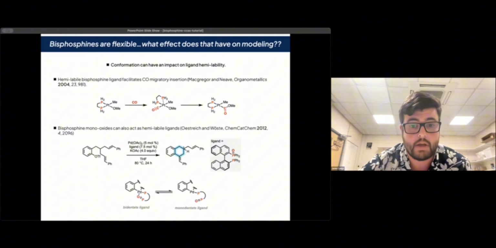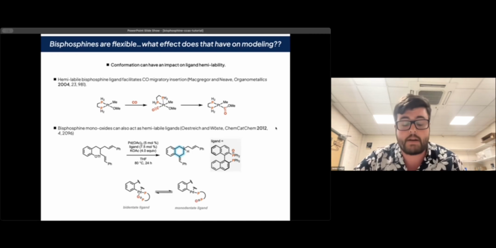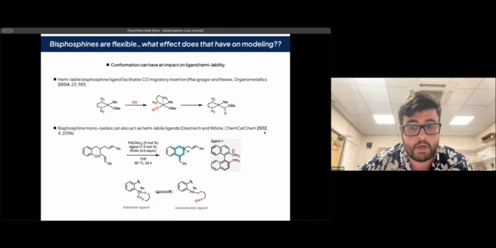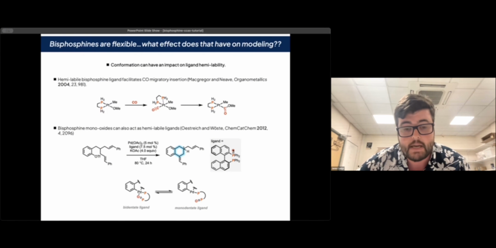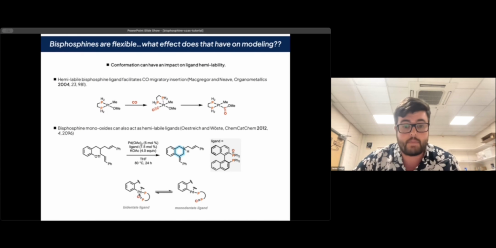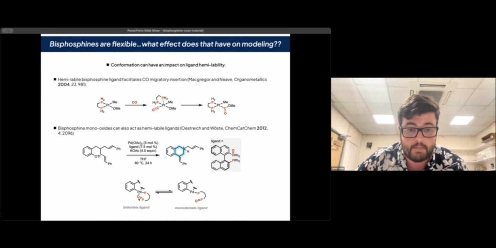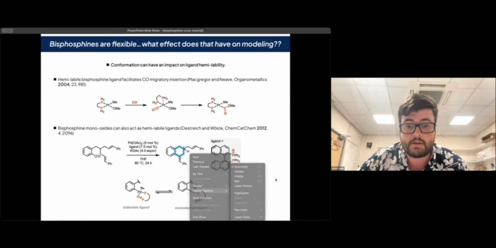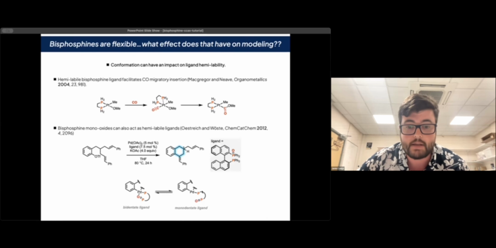Another class of ligands which have been around the literature for a while but have gained recent popularity are these bisphosphine monoxide ligands. This is essentially BINAP, but one of the phosphoruses has been oxidized to its phosphine oxide. Essentially, we have the same phenomenon going on. We have the oxygen which can coordinate to our palladium in a kind of bidentate fashion, or it can decoordinate like this.